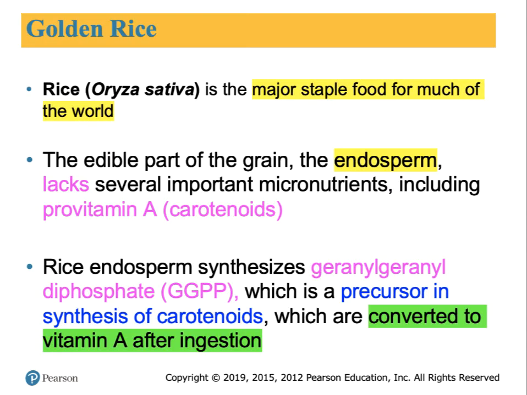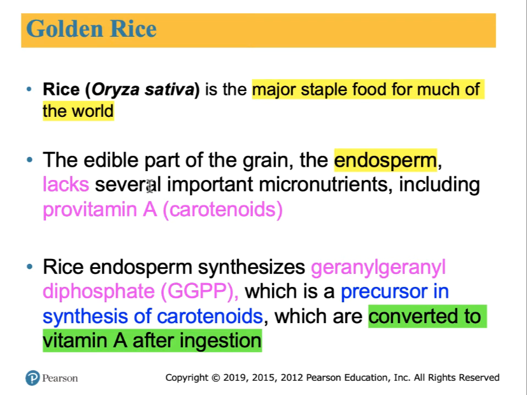A commonly cited example of the use of technology to manipulate plants for the good of humanity is golden rice. So rice itself, wild-type rice, is a major staple for much of the world's population. The most commonly consumed part of the rice is the grain itself, the endosperm.